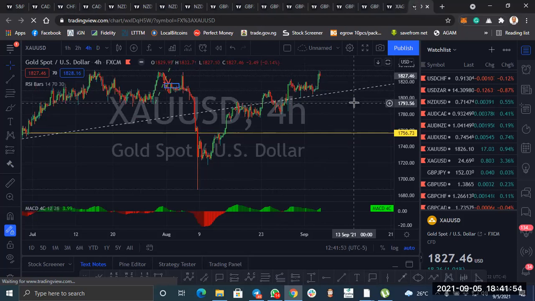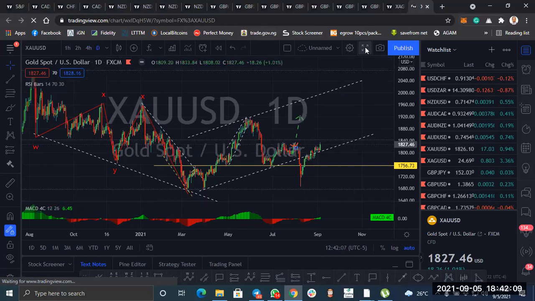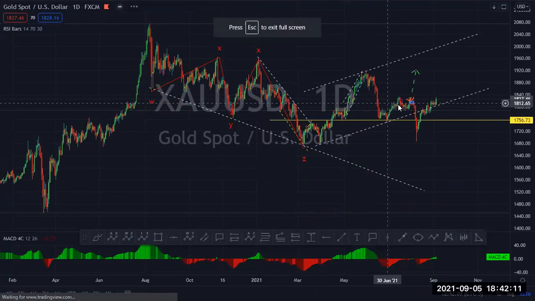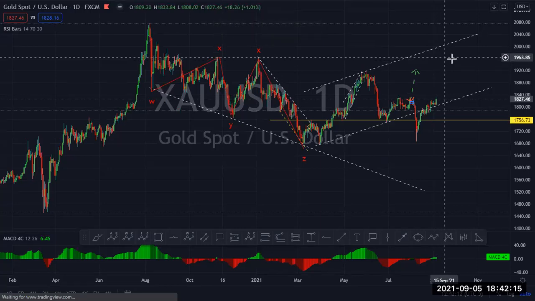Now let me say again, the way gold is moving, I don't have a reason to say that the correction is over. I haven't seen a strong move on gold.